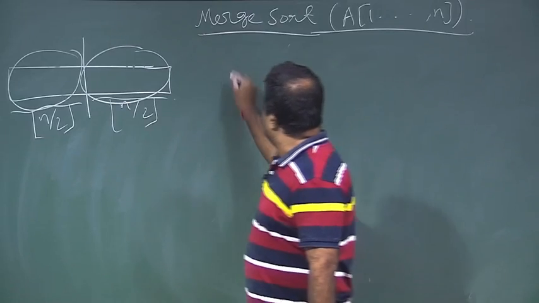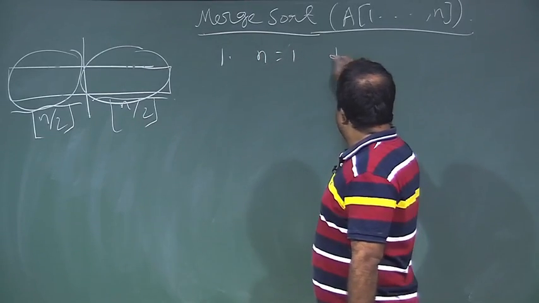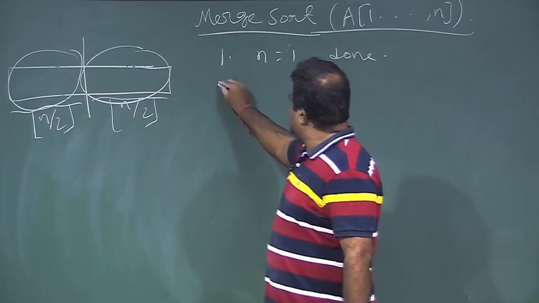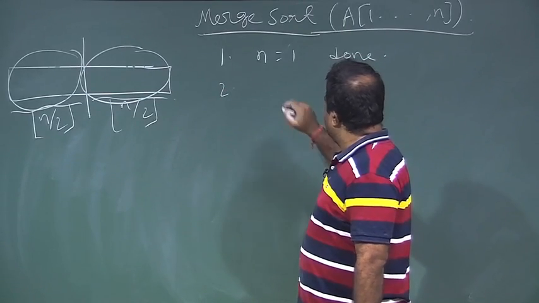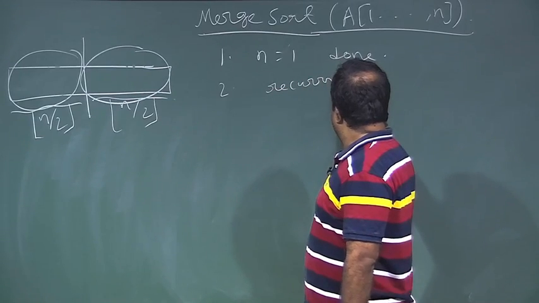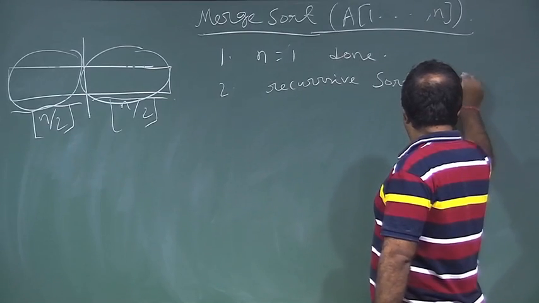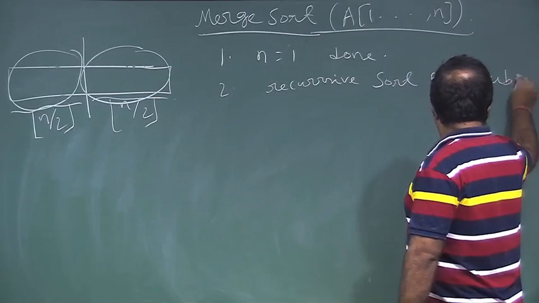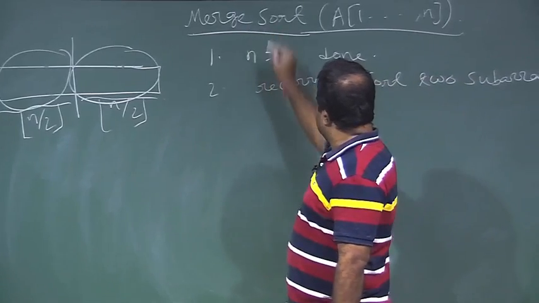So, let us write the code. Obviously, if n is equal to 1, we are done, we return. Else, we recursively sort two subarrays by calling the same function.